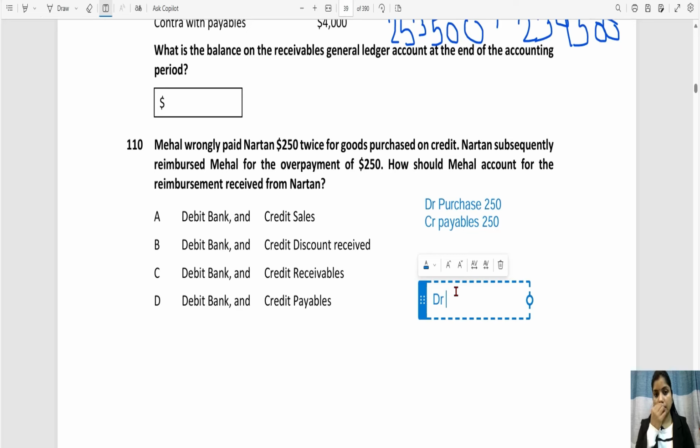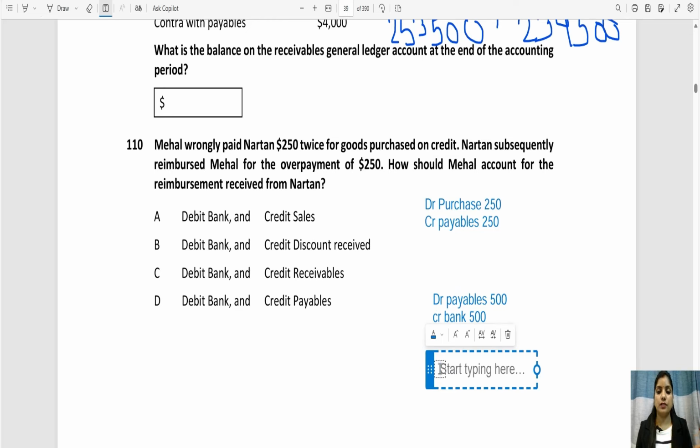If we are overpaying 250 twice, then our payable balance would be reduced by 500 and credit bank by 500. This is the entry that has been passed when we paid twice to our supplier. But our payable balance was only 250, so there might now be a debit balance of 250, because we have debited the payables ledger by 500 instead of 250, right?